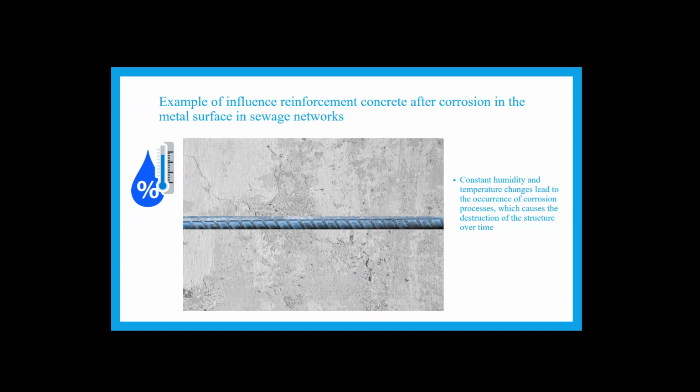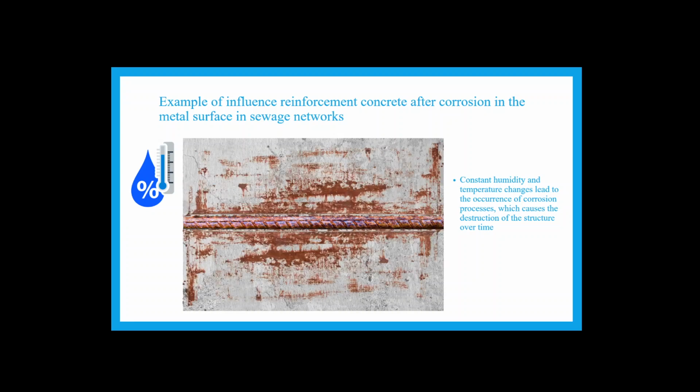So the size and number of the defects may increase under the influence of these external factors. Particular attention should be paid to places near stations or pipelines that are in a hot place.